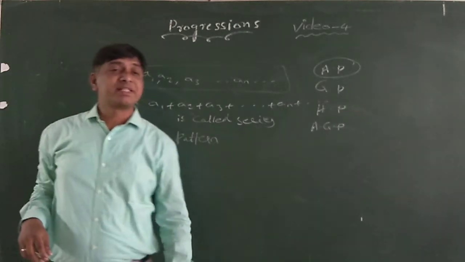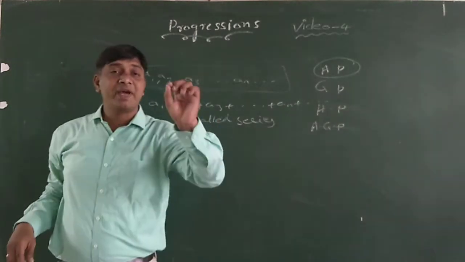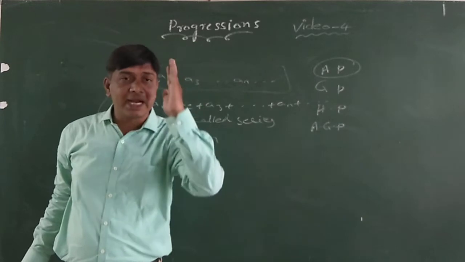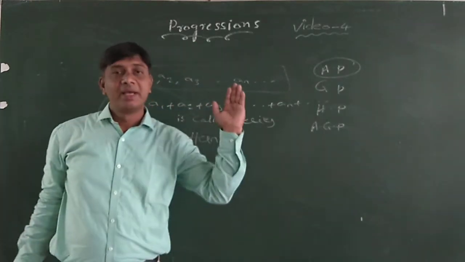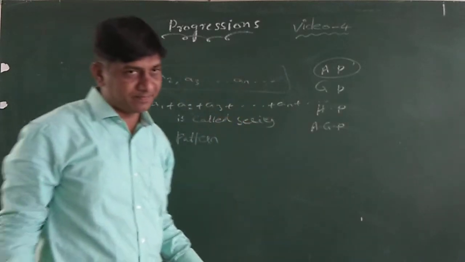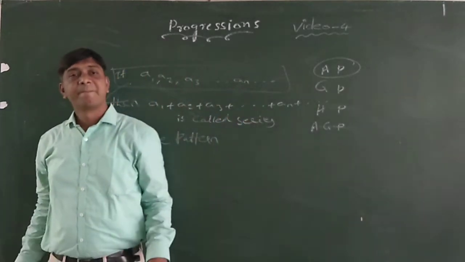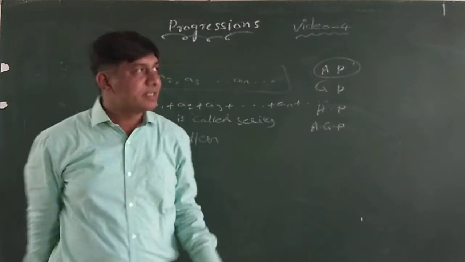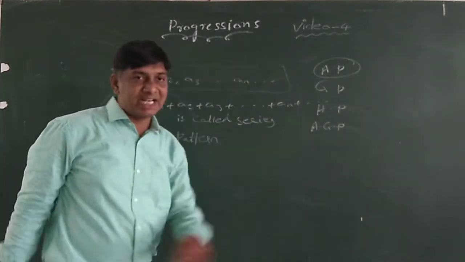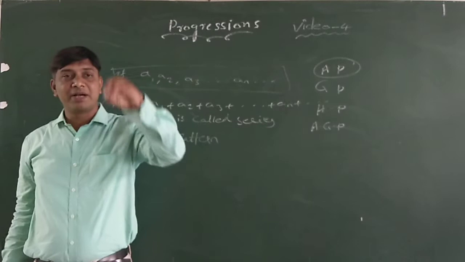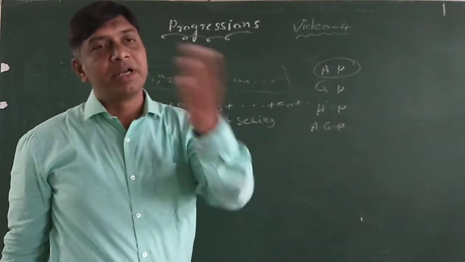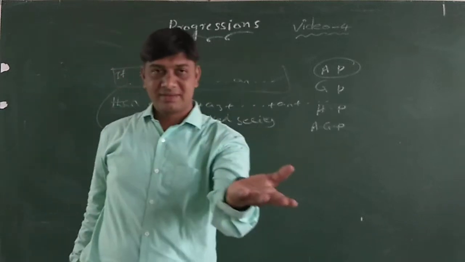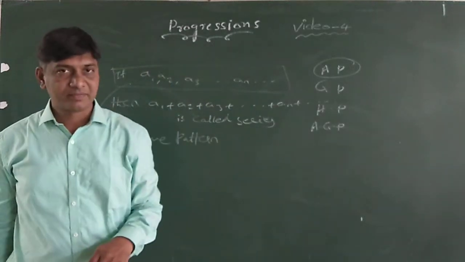An arithmetic progression is a sequence which is obtained by adding a fixed number to its preceding term, except the first term. The fixed number which you are adding may be positive, negative or 0.